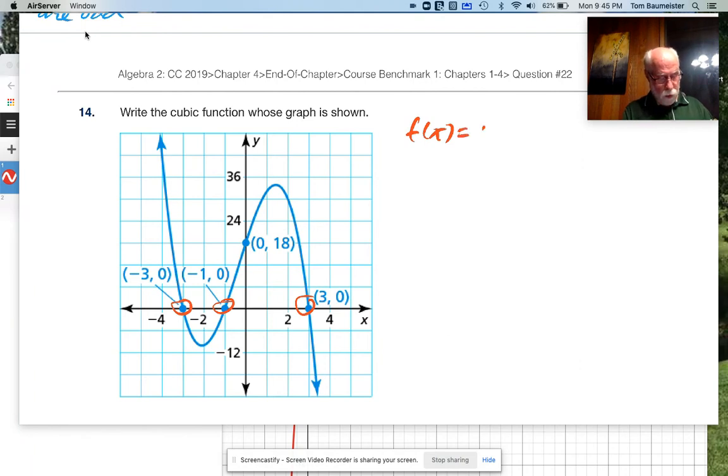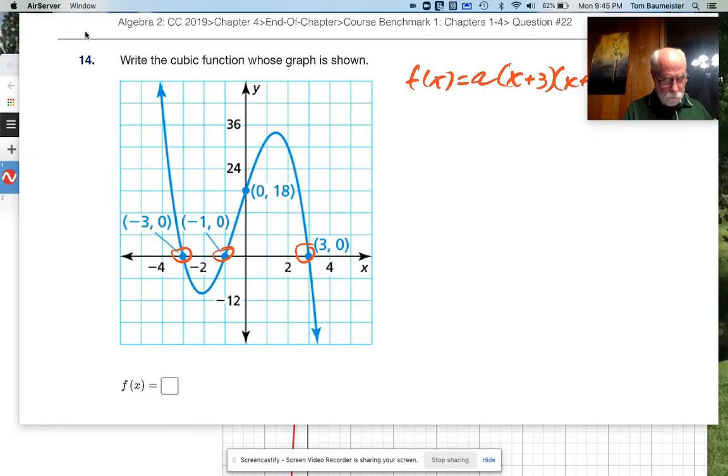So we know we're going to have an a that we have to solve for, and then we're going to have x plus 3, x plus 1, and x minus 3. Now we're going to plug in the other point we have. Again, I told you it doesn't always have to be an intercept there, but in this case it is.